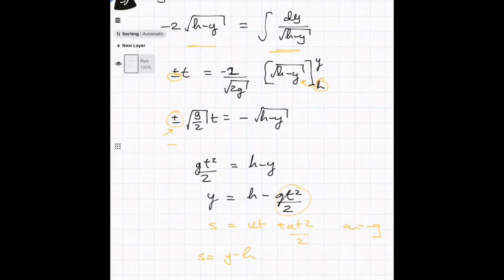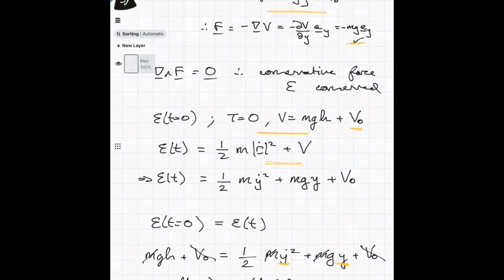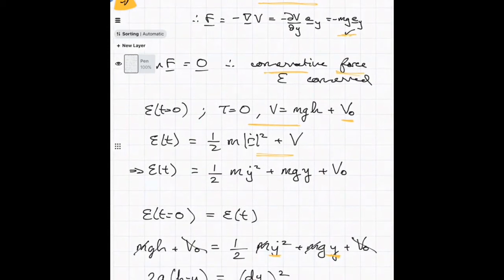So this is a really straightforward example. This is how we can get temporal information from conservation of energy. What do we do? Let's just review very quickly. We use the fact that energy is conserved because it's a conservative force. So energy at initial time is equal to energy at just a general time.